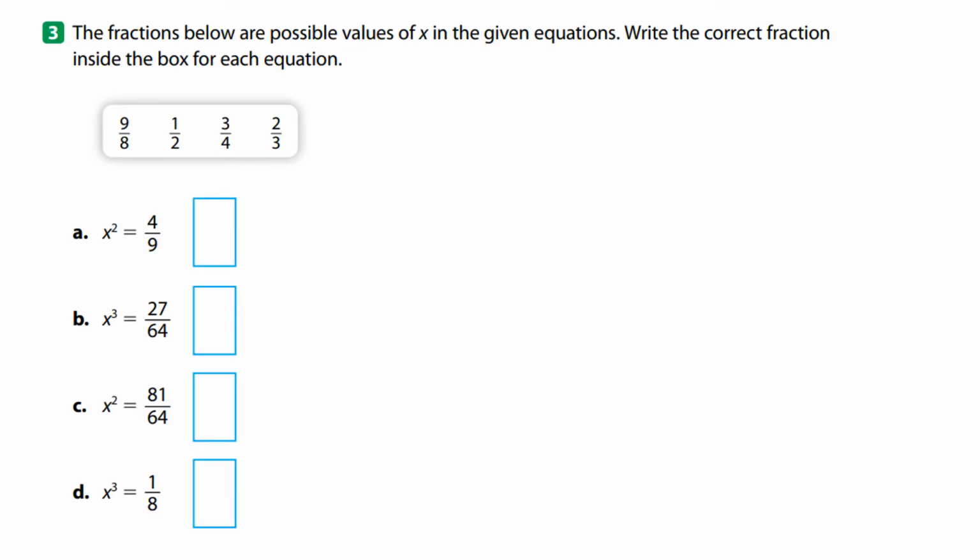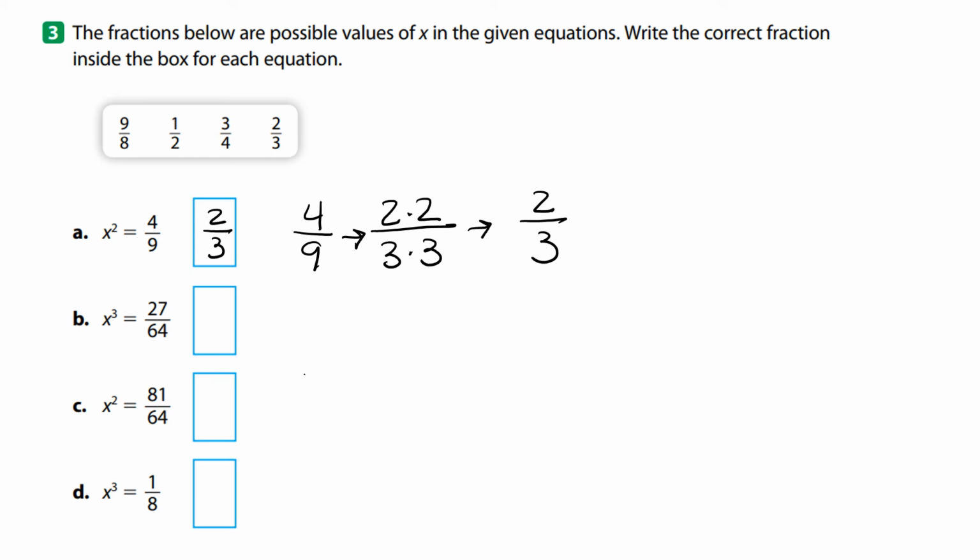So for each of these problems, we're going to break down the fraction and try to find the smaller fraction that it starts with. So if we're doing x squared in the beginning, I want to break down 4 to the 9th power. We can break 4 down into 2 times 2. I can break 9 down into 3 times 3. And so 2/3 is our smaller fraction.